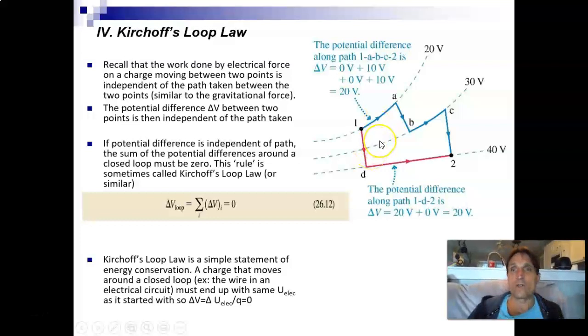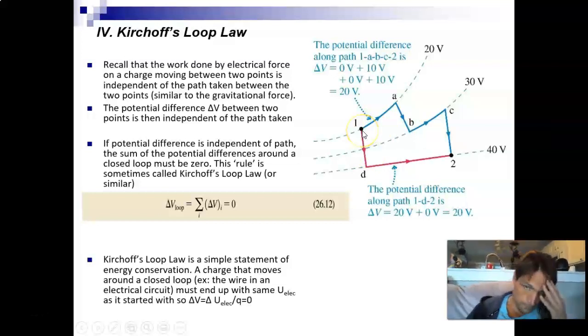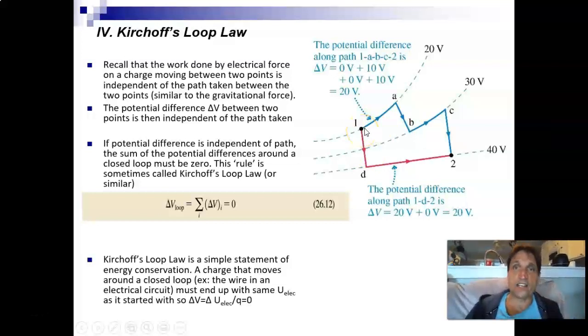So what's one consequence of this? What's the change in potential, or how much work does it take to move the charge around the whole loop here? Suppose we want to go from 1 to A to B to C to 2 and then back to 1.